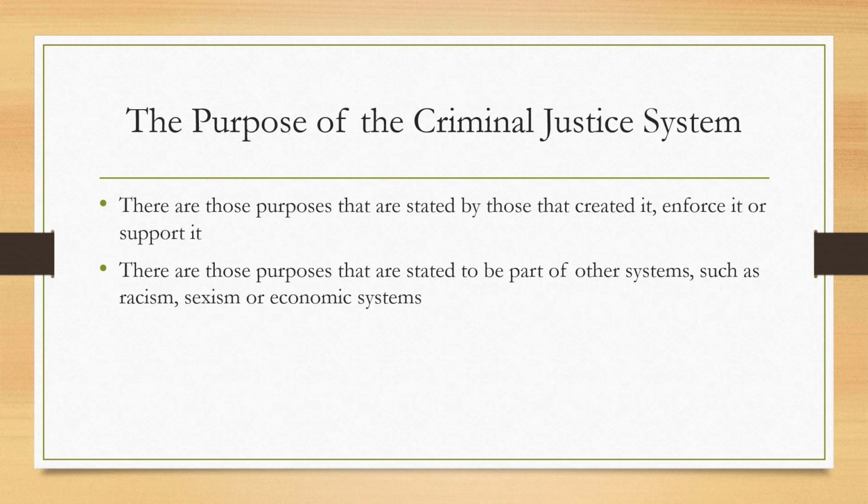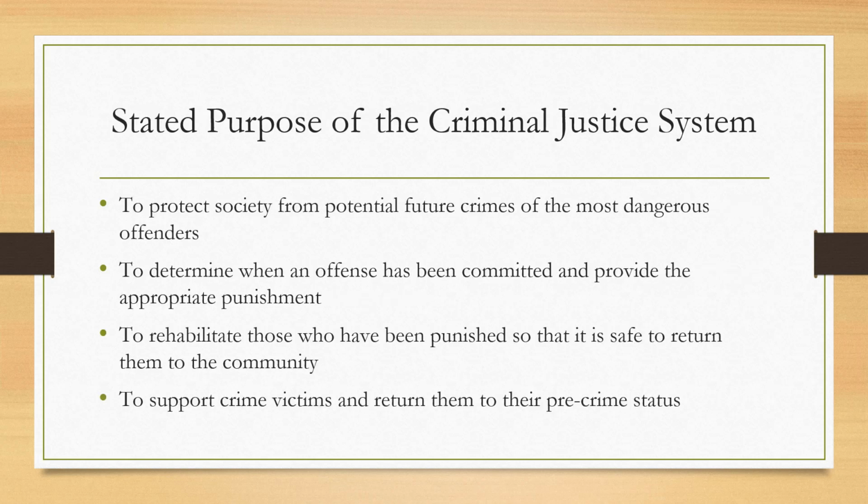Getting back to the purpose of the system, there are those purposes which are stated when it's created and enforced and supported, and those are purposes that are a mix of other things that intrude into it. Nothing exists in a vacuum. So yes, some degree of every system is going to be impacted by something like racism or sexism or the economic system, the need for people to earn a living.